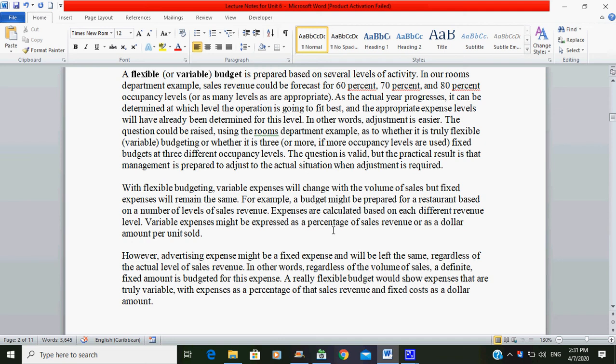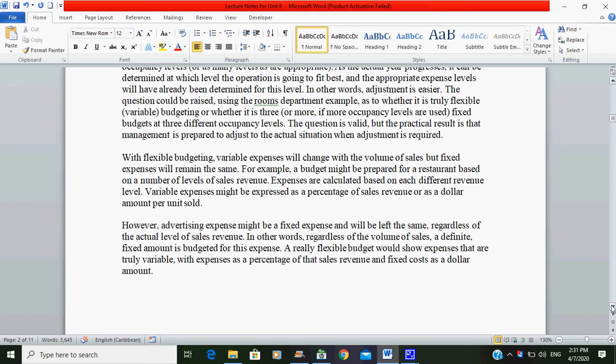However, advertising expense might be fixed and will be left the same regardless of the actual level of sales revenue. In other words, regardless of the volume of sales, a definite fixed amount is budgeted for this expense, advertising. A really flexible budget would show expenses that are truly variable, with expenses as a percentage of sales revenue and fixed costs as a dollar amount.